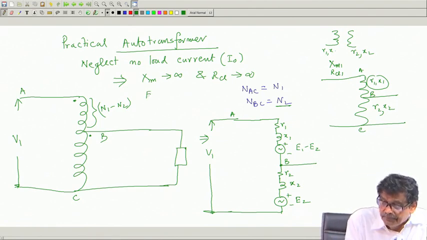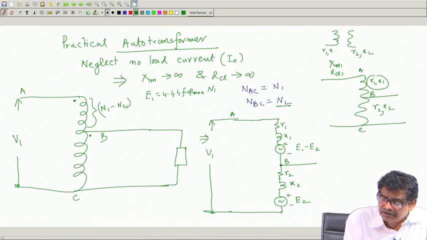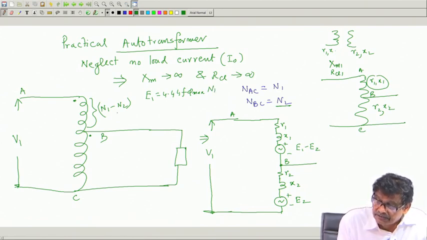Let me write E 1 is equal to 4.44 A phi max into N 1, whatever it is total between these two terminals.